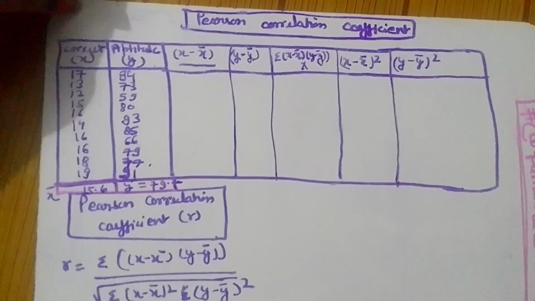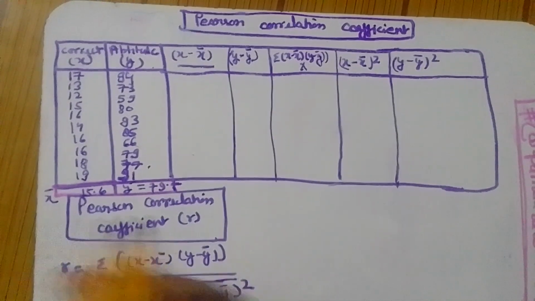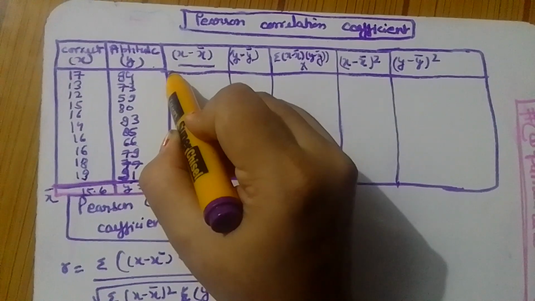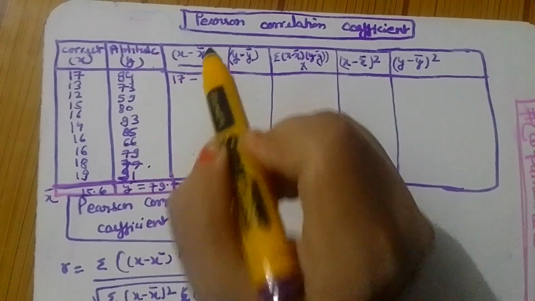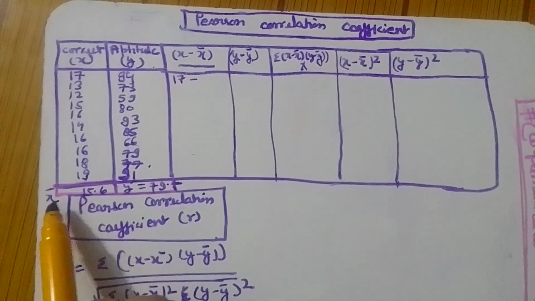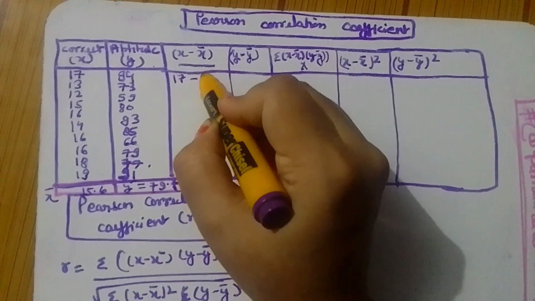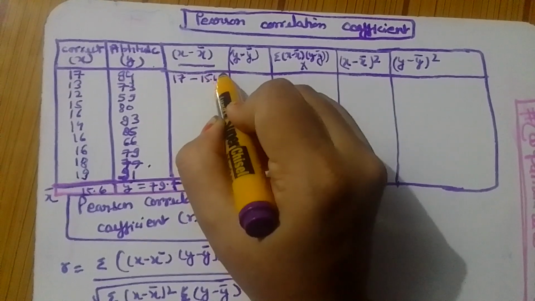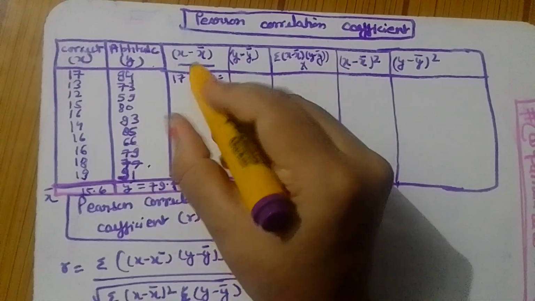And how much would X minus X bar be? First we will see 17 minus 15.6, the X bar, that is the average, 15.6. How much would it come? It would come 1.4 here.